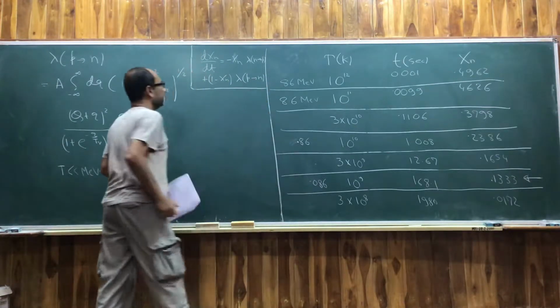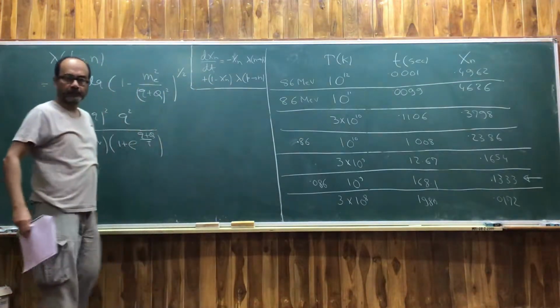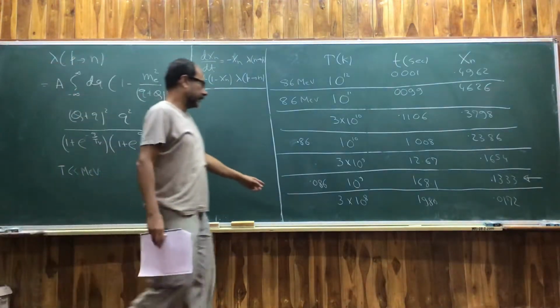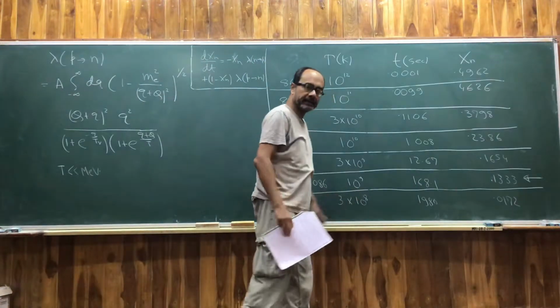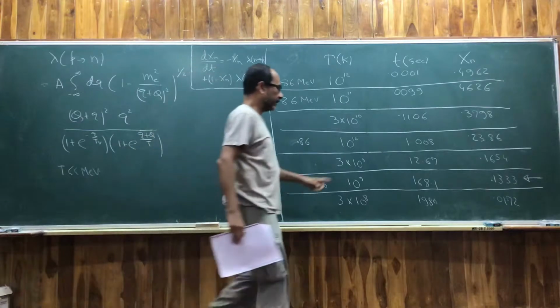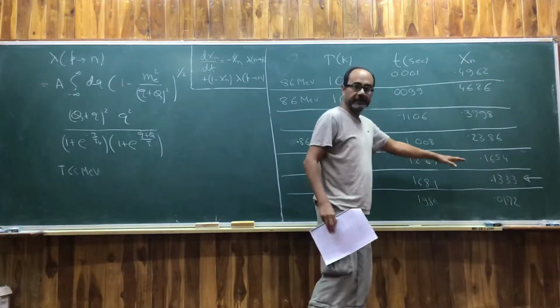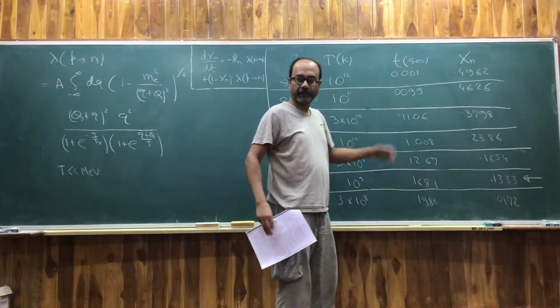You have to just try to see what are the dominant terms in this differential equation, because later on we need to understand the physics near this temperature reasonably well to be able to fix the temperature at which the nuclear formation starts.